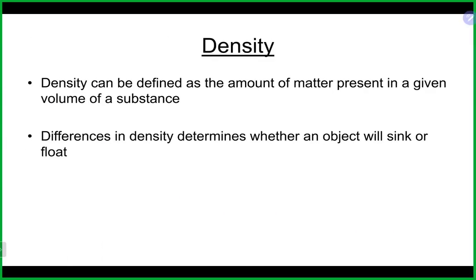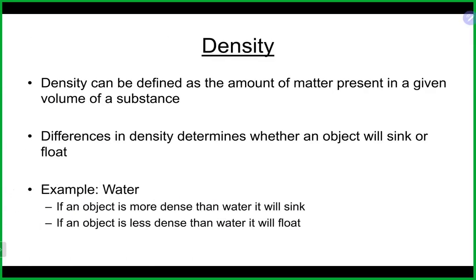Let's talk a little bit about density. The density of an object is basically the amount of matter that's present per volume. There's really 2 types of common units that we'll come across in this class for density. Grams per milliliter or grams per cubic centimeter. And those are common units of densities really for solids and liquids.